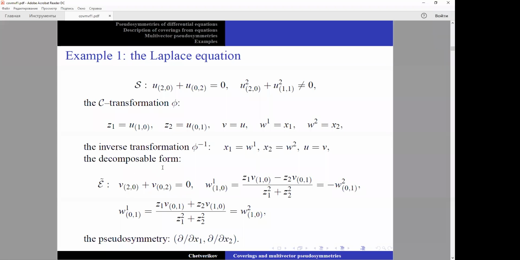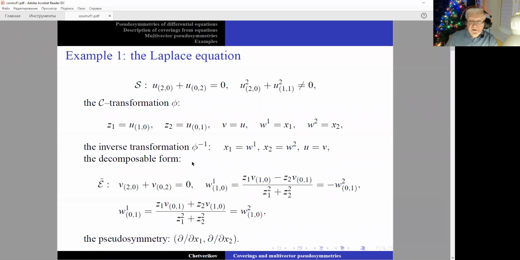The decomposable form is of the form. The set of vector fields G1, G2 is called the pseudosymmetry of the covariant, and the system is.